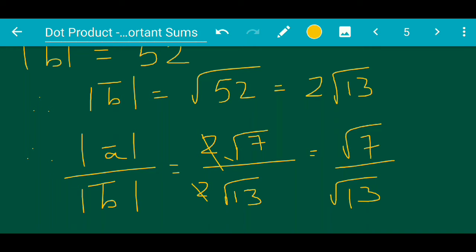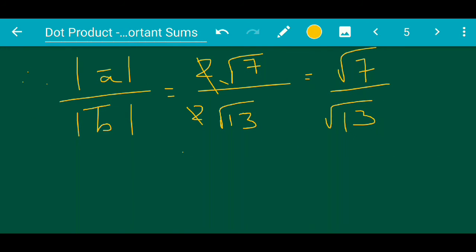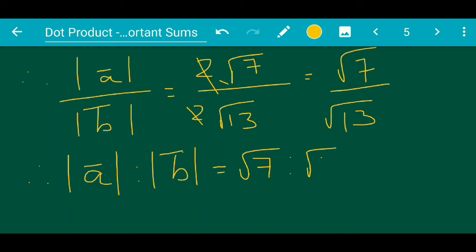This was to be proved, and therefore we get the ratio of the sides as root 7 is to root 13. So thus it is proved.